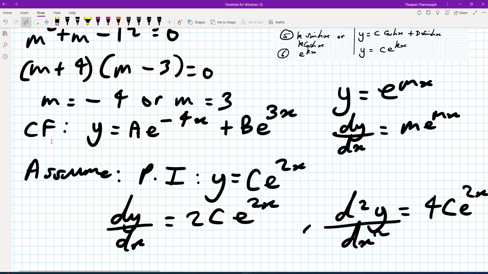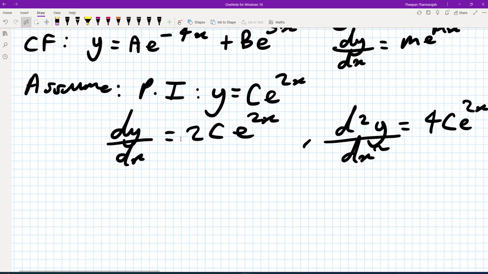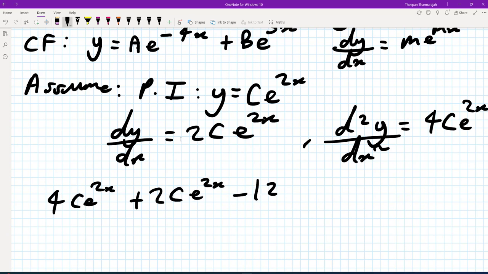Now we can substitute these values into our differential equation. It's going to be 4c e to the 2x plus dy by dx, which is 2c e to the 2x, minus 12 times the particular integral, which is 12c e to the 2x, equal to 12 e to the 2x.